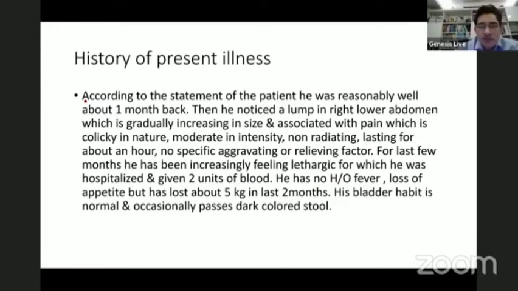According to the statement of the patient, he was reasonably well about 1 month back. Then he noticed a lump in the right lower abdomen, which is gradually increasing in size, associated with pain, which is colic in nature. Now, why did I say colic? Maybe there is an obstructive feature over here. Usually, obstructions are very rare in cecal malignancies or cecal growth.